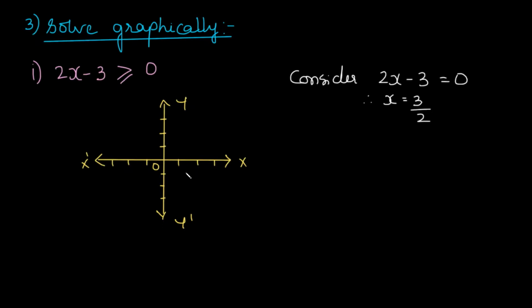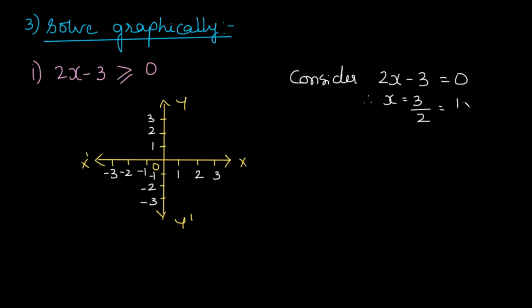So, suppose we plot 3 upon 2 on this particular graph. We plot these points first, say 1, 2 and 3. Again, on the negative side, we have minus 1, minus 2 and minus 3. Here again, minus 1, minus 2 and minus 3. Now, once we plot these points over here, x is equal to 3 upon 2.